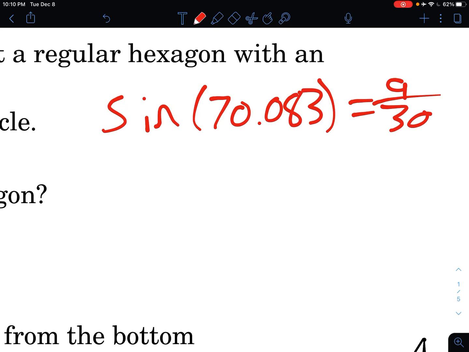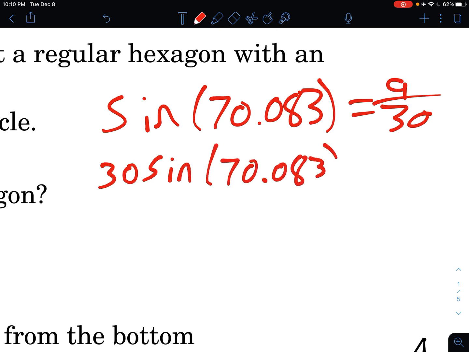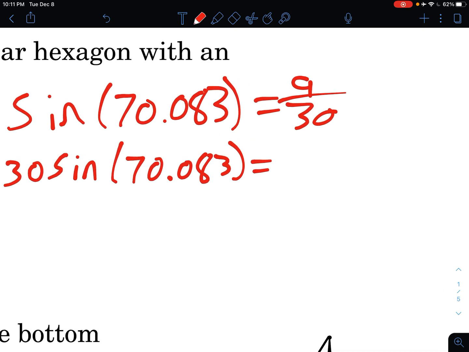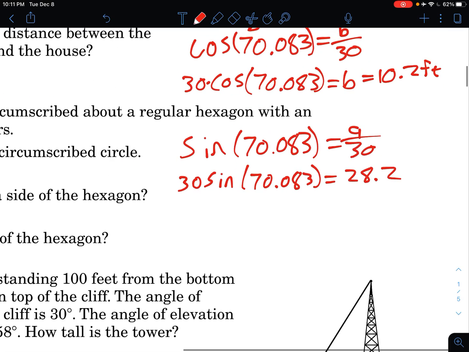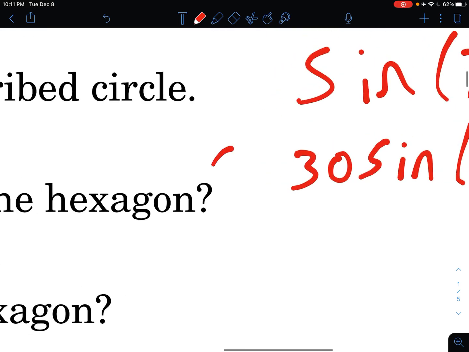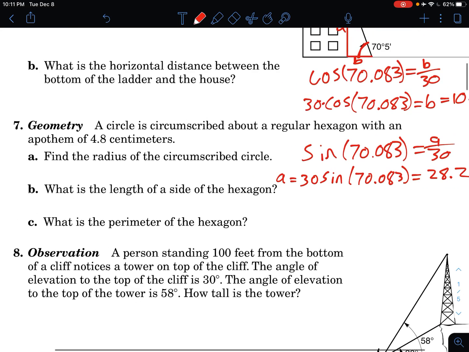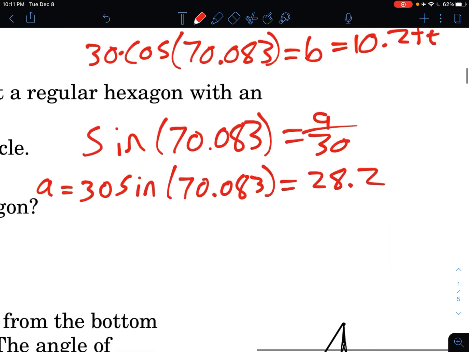Multiply both sides by 30, so you're going to get 30 sine of 70.083 gives us 28.2. Alright, so we're going to get 28.2 there. That's also going to be in feet.